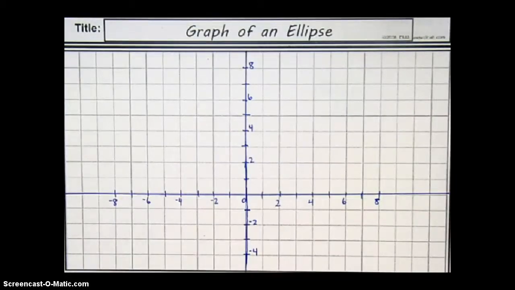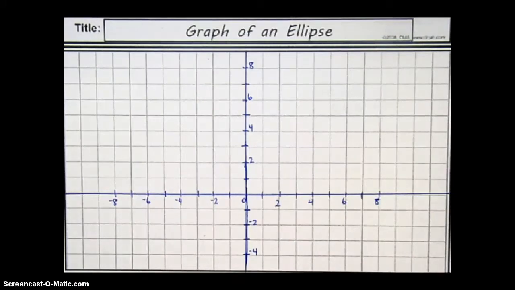Okay, now that you have reviewed the algebraic part, let's now look at how we can graph the ellipse that we've just written the equation of above. I've scaled my axes out. Feel free to take some time to scale yours out as well. And we're going to start, as we usually do, at the center.